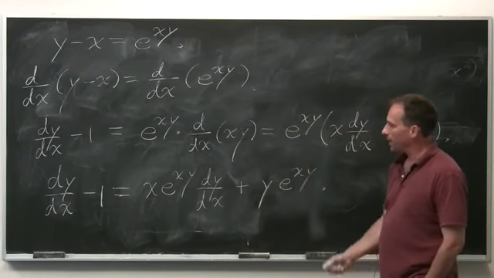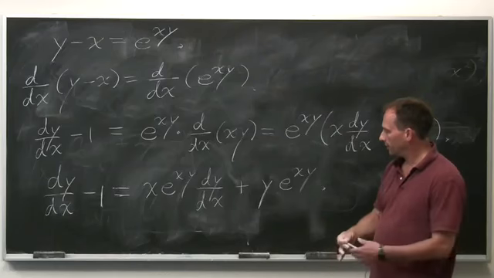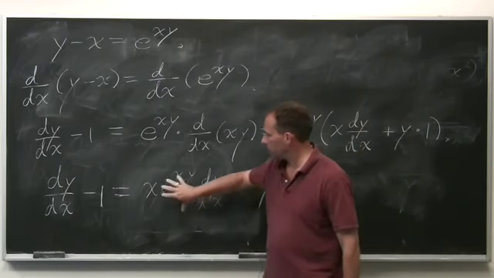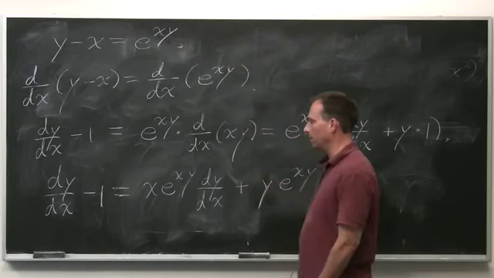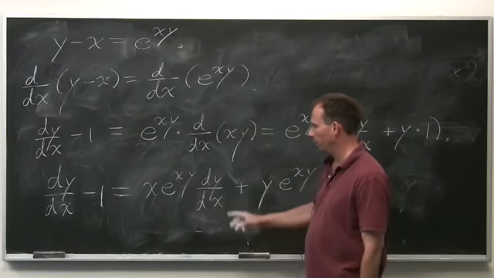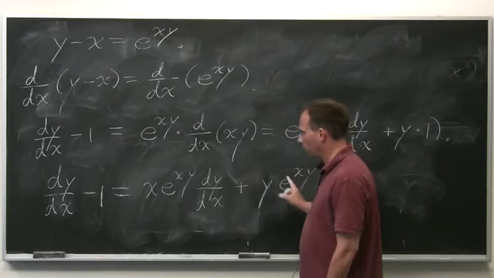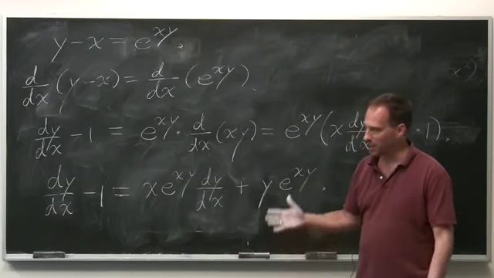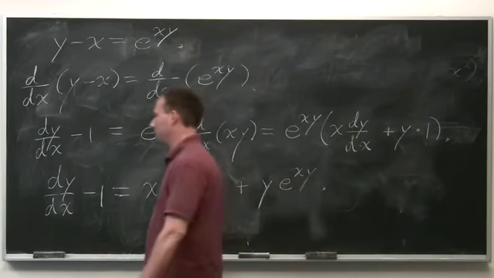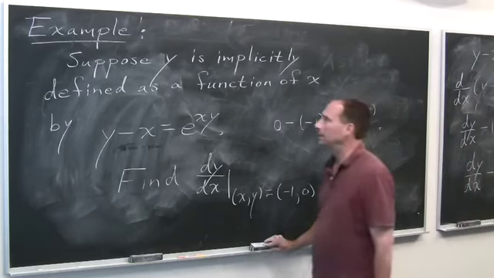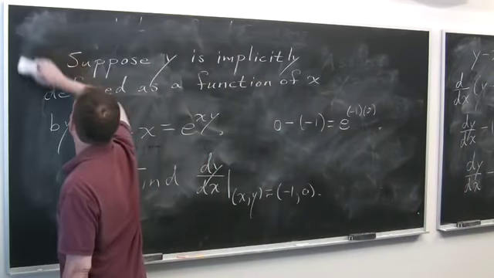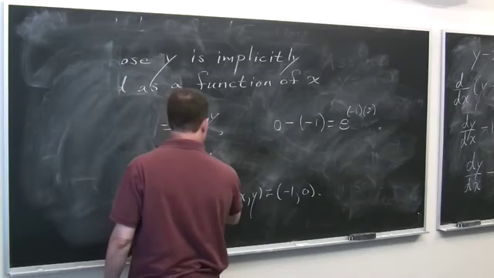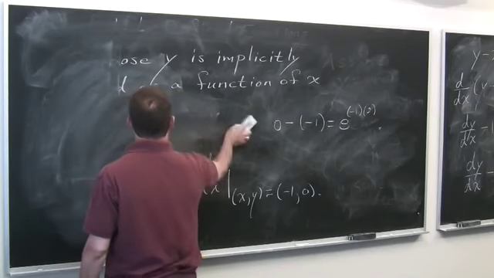Okay. So you get that. What do you do now? Either you put this term over there and put the 1 over here and factor out the dy dx, or you could put the y e to the xy over there and put this dy dx over here. It doesn't matter. So you just do one of those or the other. I'll just pick one.